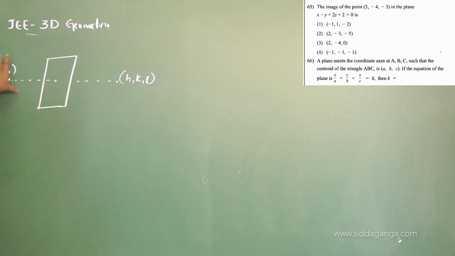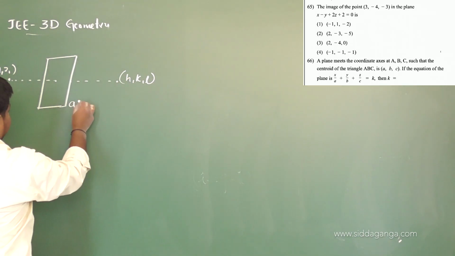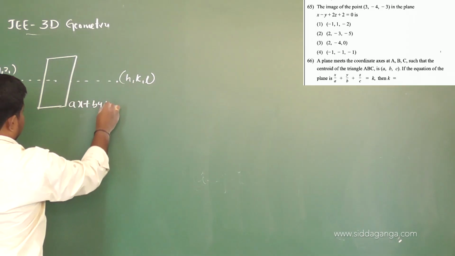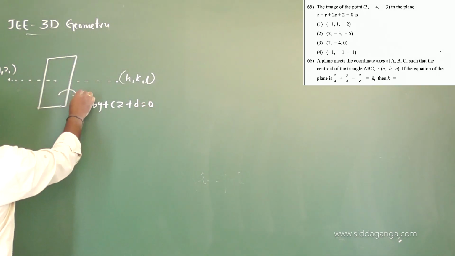If it is a point and this is an image on the plane ax plus by plus cz plus d is equal to 0, this is a plane.